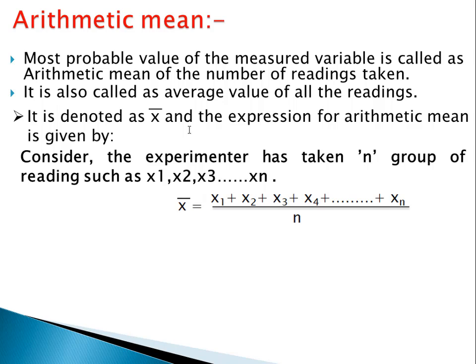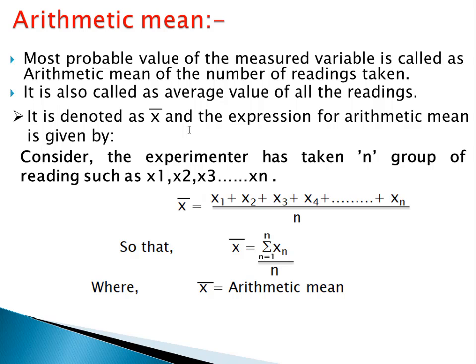That means x bar is equal to x1 plus x2 plus x3 plus x4 plus up to xn, divided by n. So the above expression can be written as x bar is equal to summation xn, where n is varying from 1 to n, divided by n.